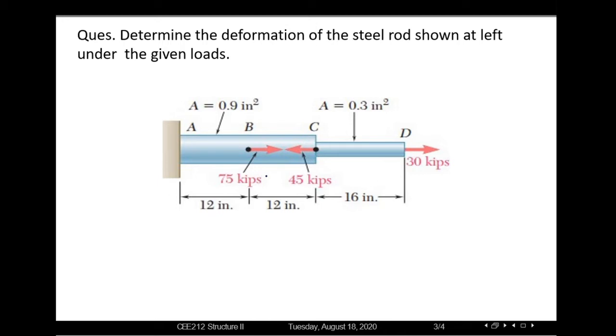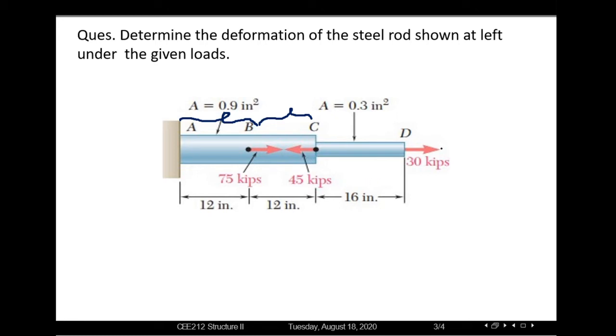So we can easily conclude that there are three segments in this rod. First one is this AB segment, second one is this BC segment, and third one is this CD segment.